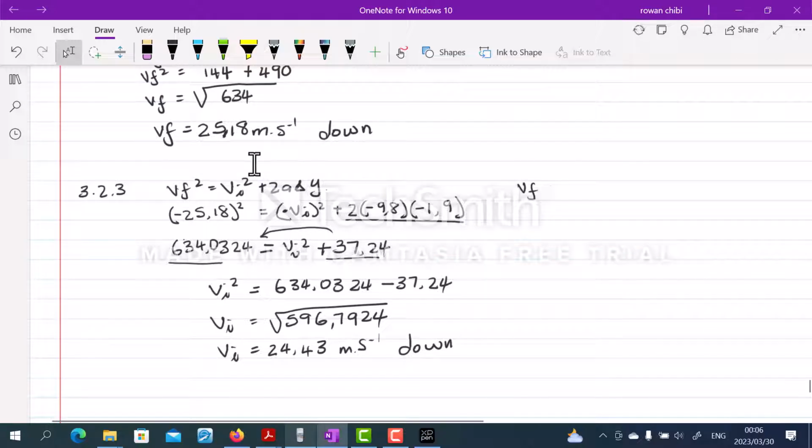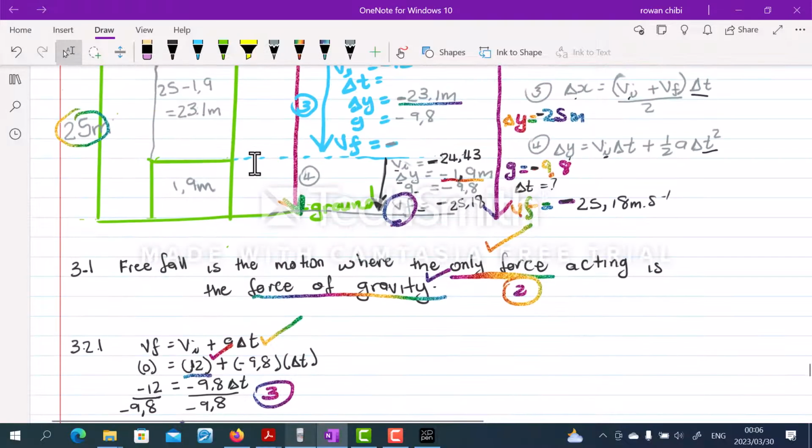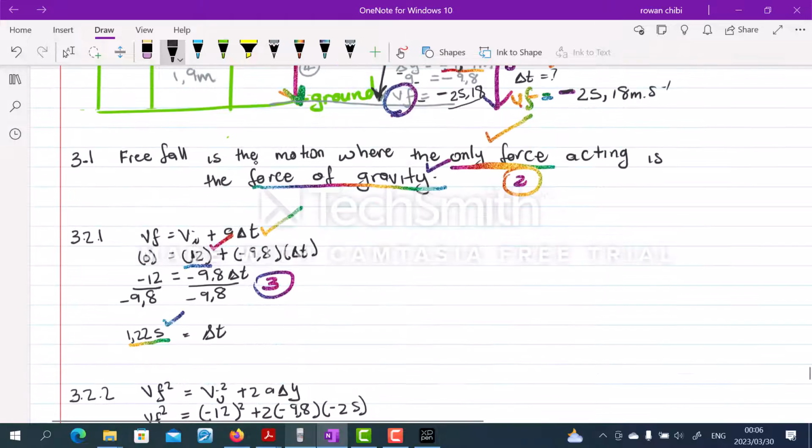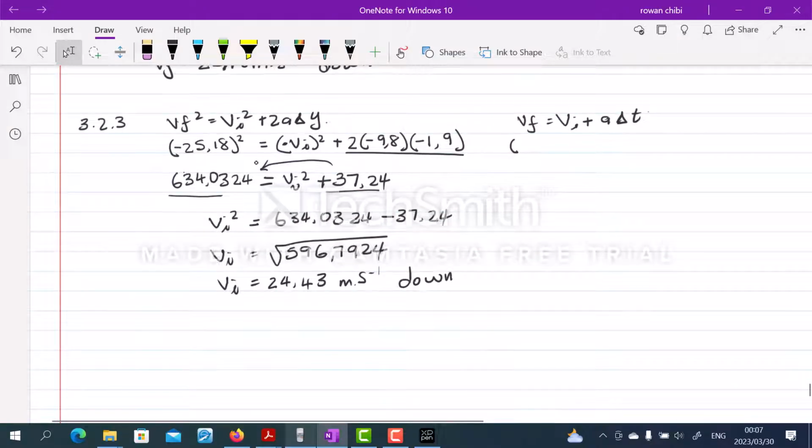So v final is equal to v initial plus a delta t. Now what is the final velocity on the ground? We said the final velocity is negative 25,18.